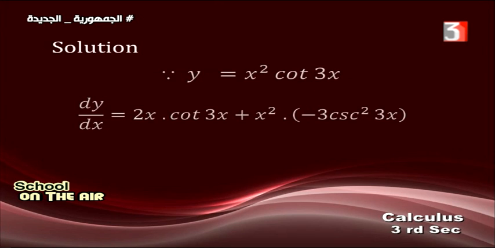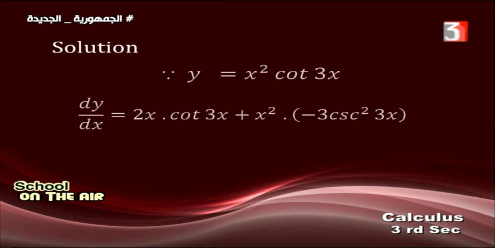Derivative of cotan 3x equals negative cosec to the power 2 3x, and the derivative of 3x equals 3, then the derivative of cotan 3x equals negative 3 cosec to the power 2 3x.